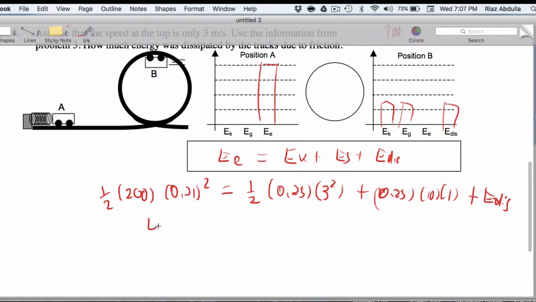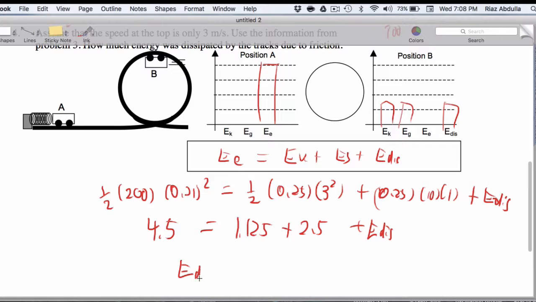So continuing here, this is going to be about 4.5 equals 1.125 plus 2.5 plus E dissipated.